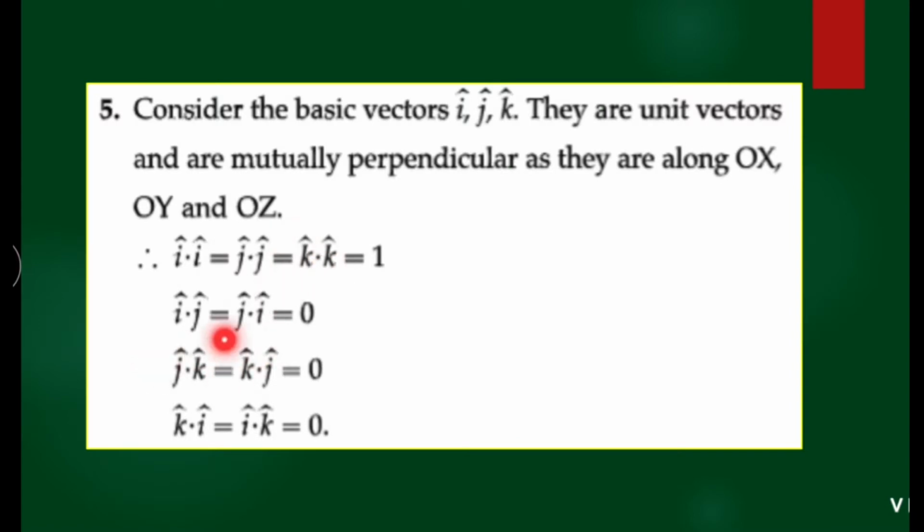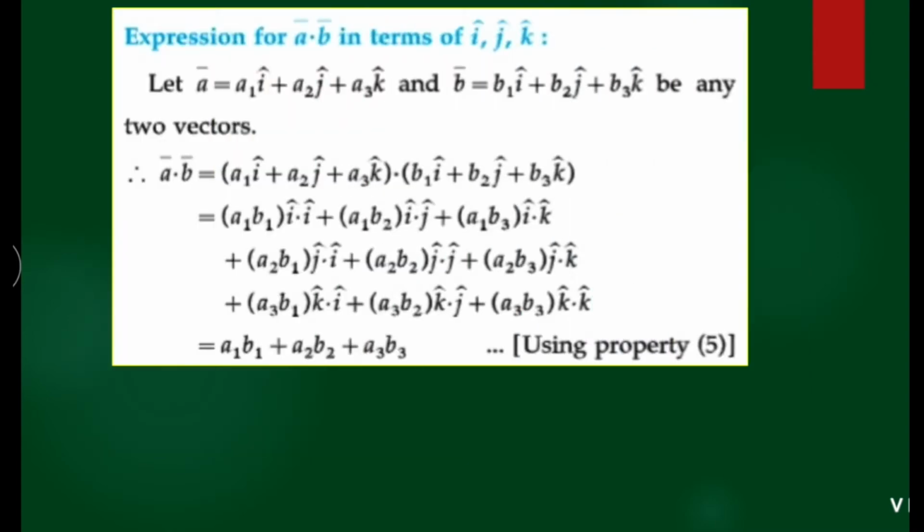So we see in this property i dot i is 1, j dot j is 1, k dot k is 1. So where there is i dot i, j dot j, k dot k, we replace that by 1, and where there is i dot j, j dot i, or j dot k, k dot j, or k dot i, i dot k, that we replace by 0. So we write here a1 b1, a2 b2, a3 b3. Why? Because in this term a1 b1 i dot i, we get 1.